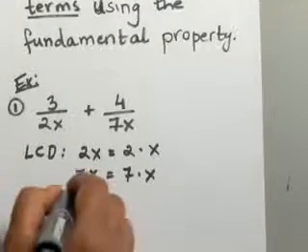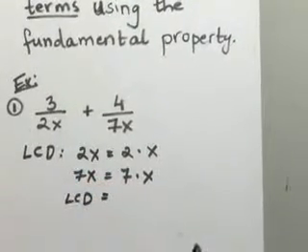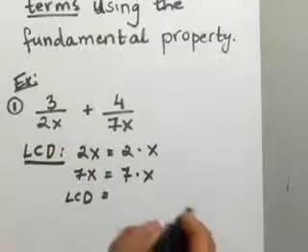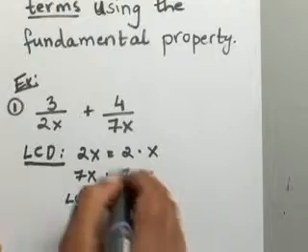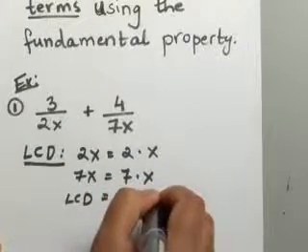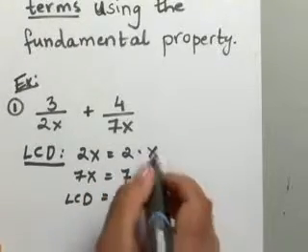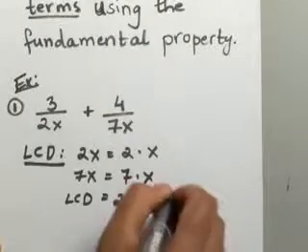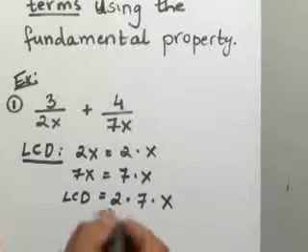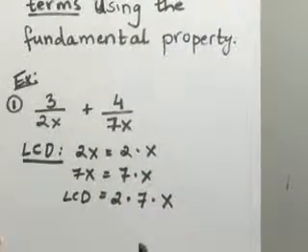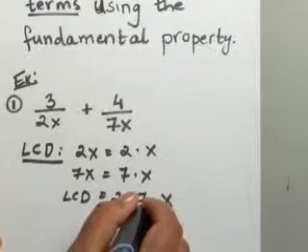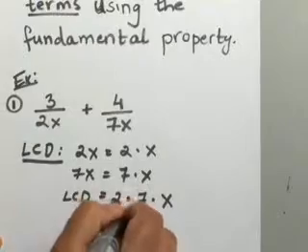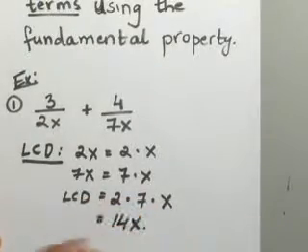You list all your factors, however many times they appear. So 2 appears once, 7 appears once, and x appears only once in each of the 2 denominators. So you go ahead and list all your factors, and you will see that your LCD is going to be 14 times x, or 14x.